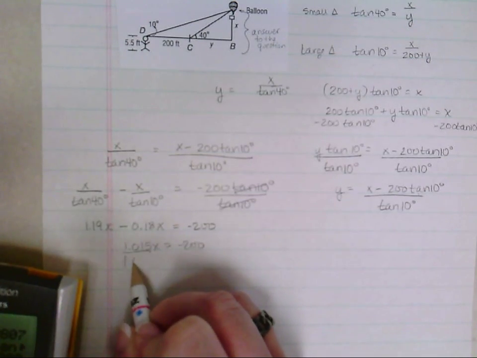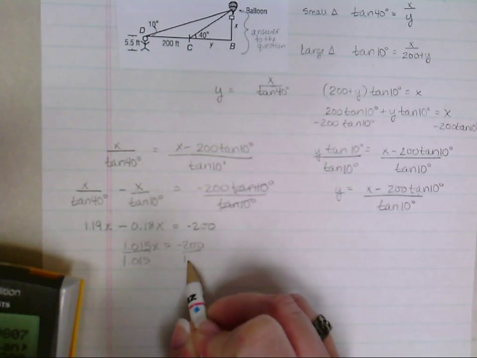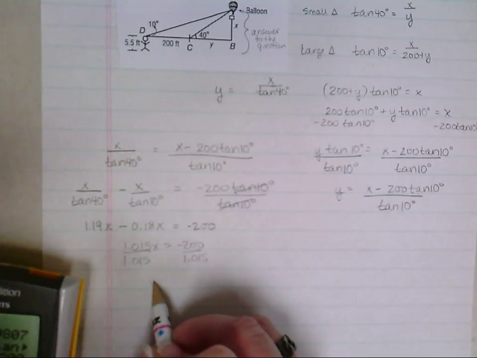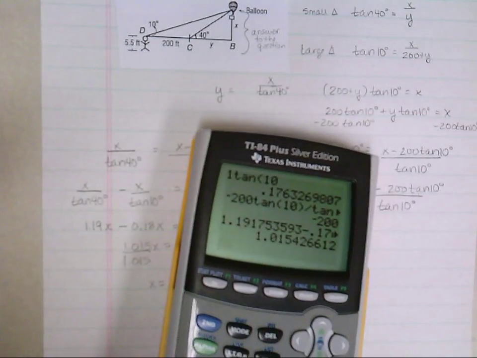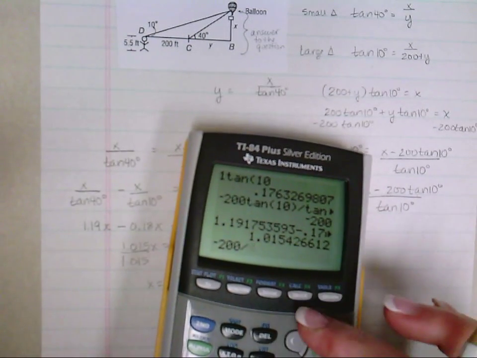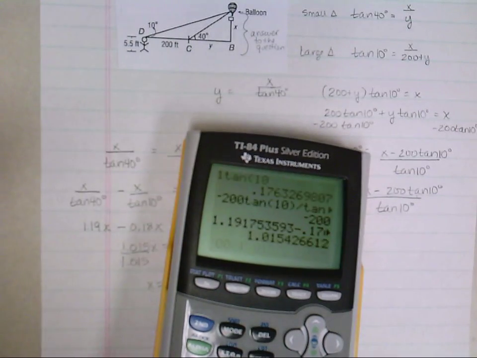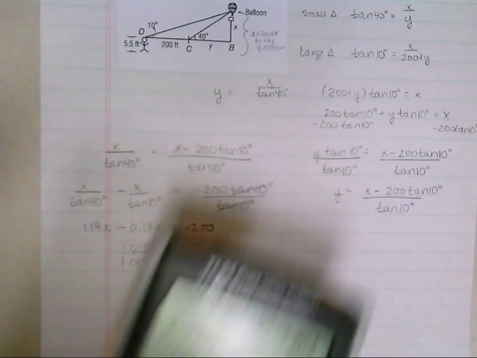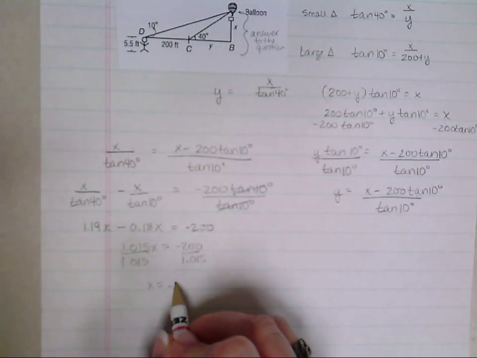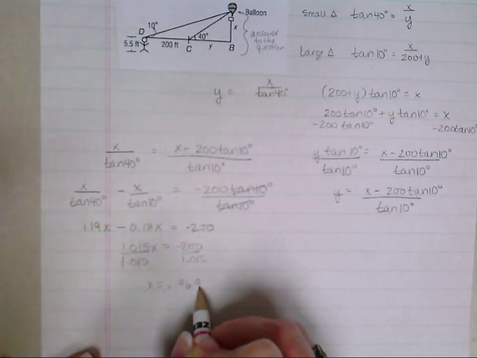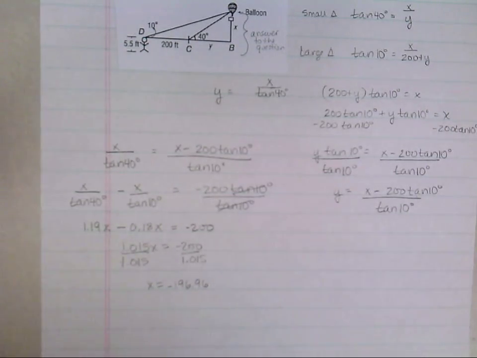Now I want to divide both sides. I'll take negative 200 and divide it by the number I just calculated, and I get negative 196.96, which is wrong.